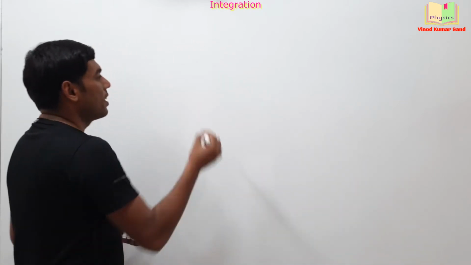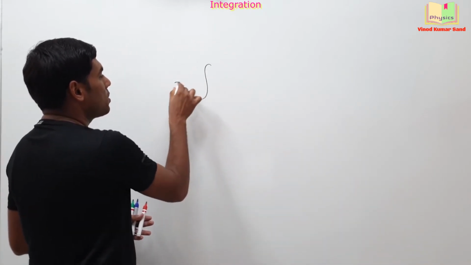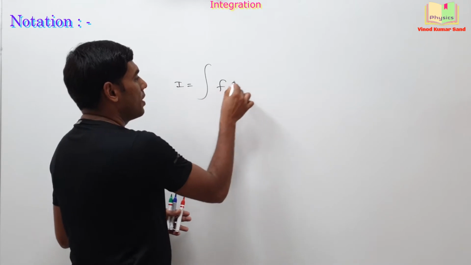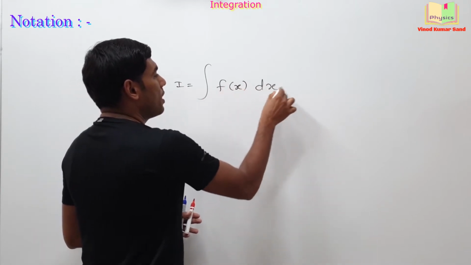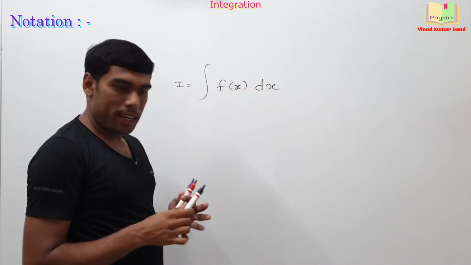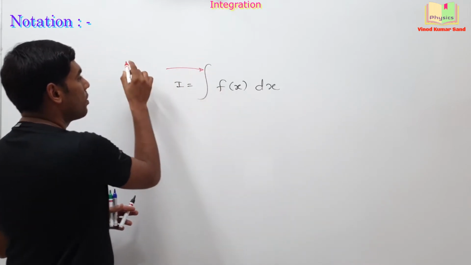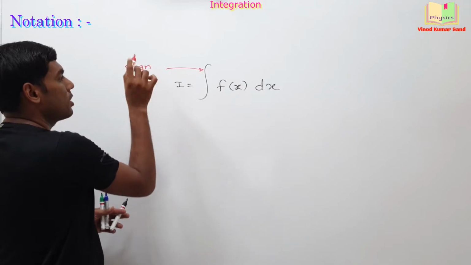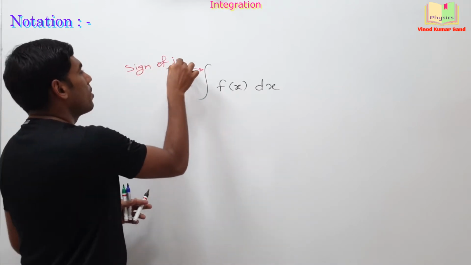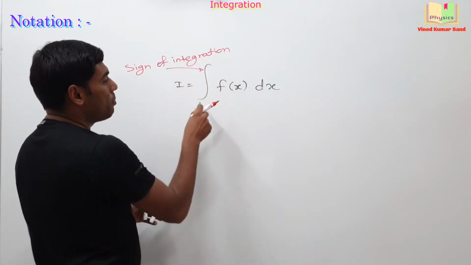Let's see the notation of the integration. Suppose somewhere you see such kind of illustration, then you should always think about the integration. This is the sign of integration. Wherever you need to do the integration, you'll find this sign. Okay. Let's say you find few numbers also here.